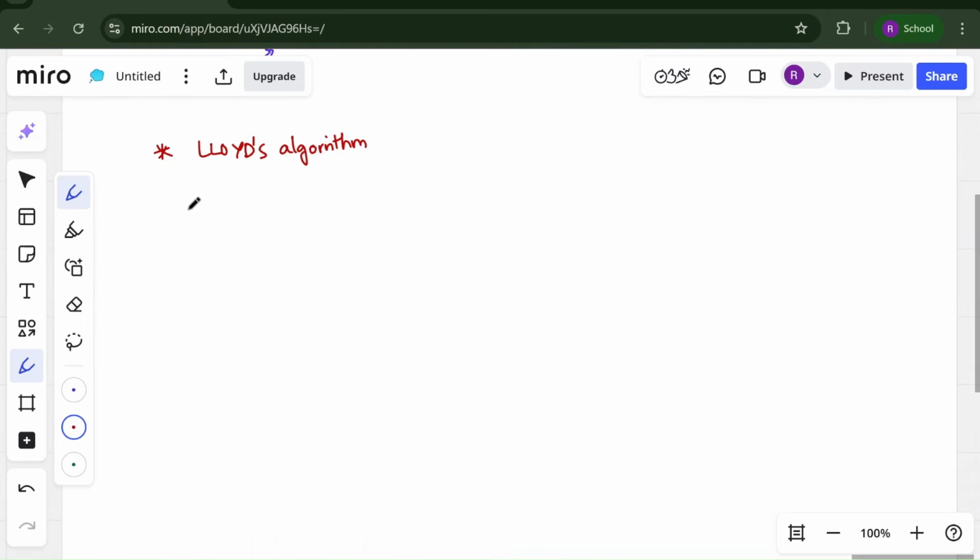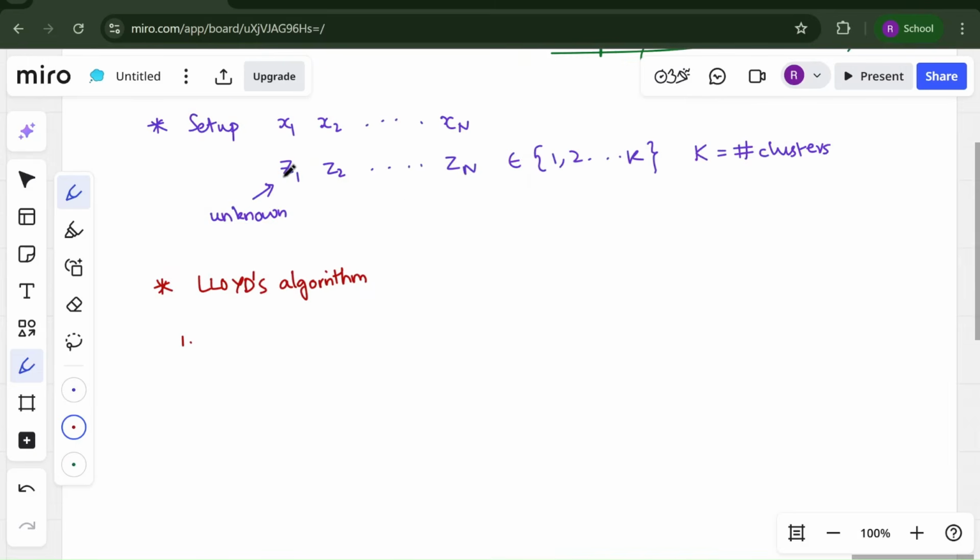So you start with randomly initializing the cluster assignments. I will call these zi's cluster assignments. Why cluster assignments?